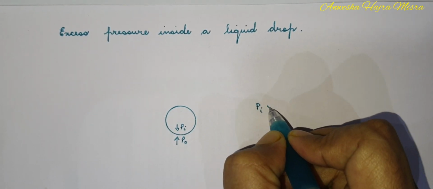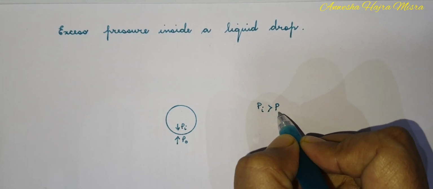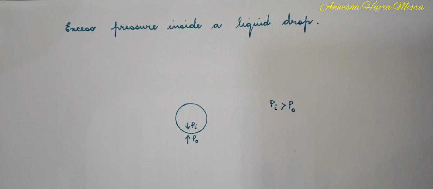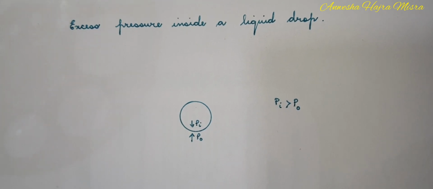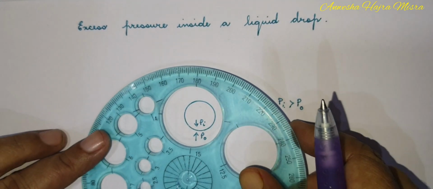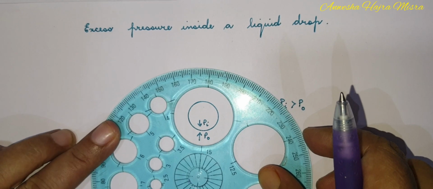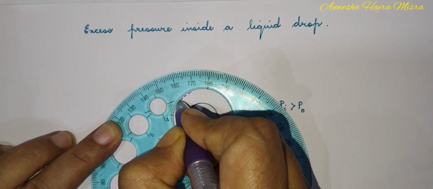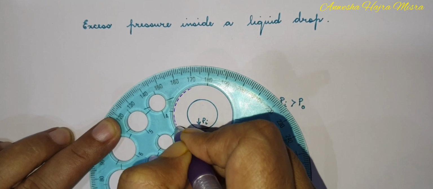Pi is greater than P0. So if this happens, what happens? Due to the excess pressure, the drop will increase in size.